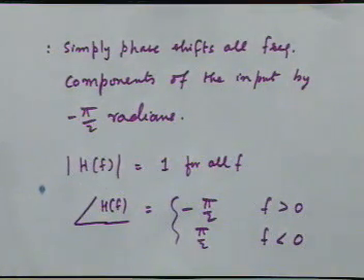So that's what a Hilbert transformer is. It's a filter which carries out a constant phase shift of minus pi by 2 radians for every frequency component that is present in the input signal.